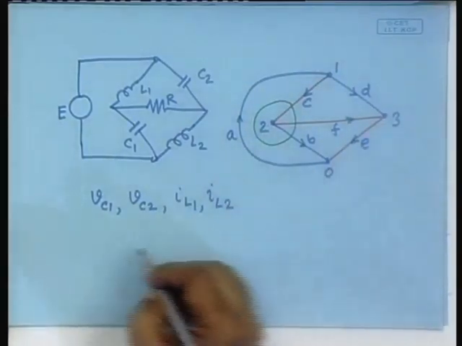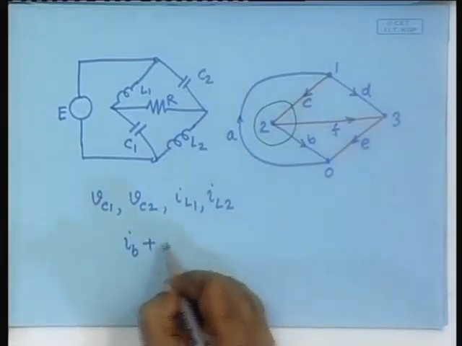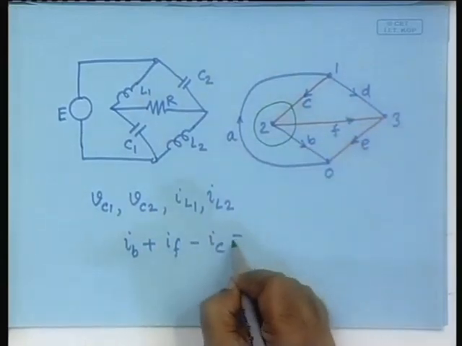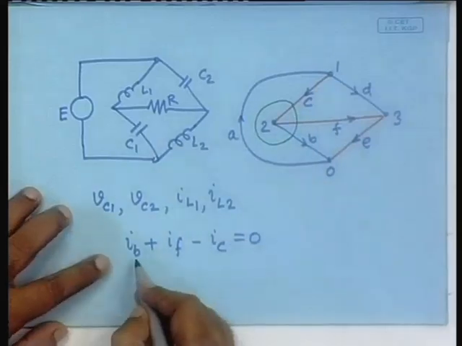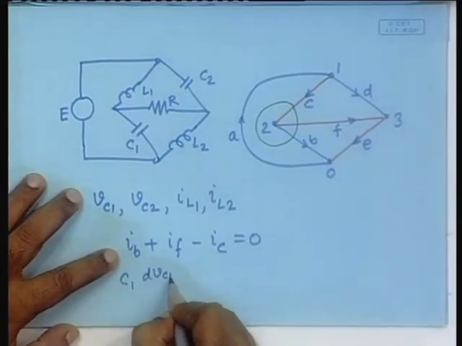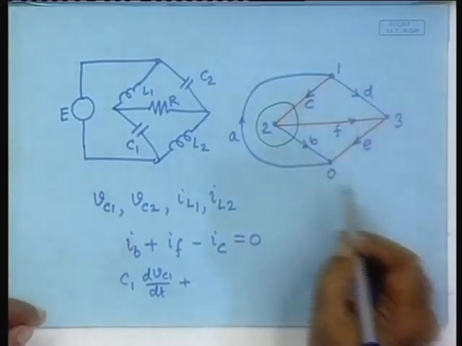So, IB plus IF minus IC is equal to 0, first equation. Out of that, IB is C1 dVC1 dt plus IF is what?